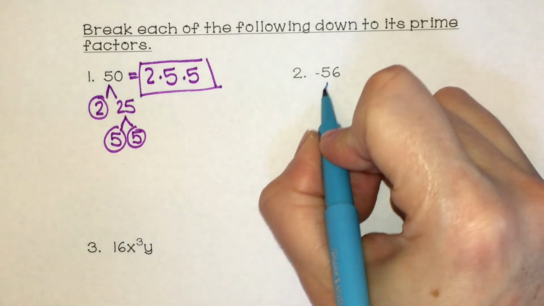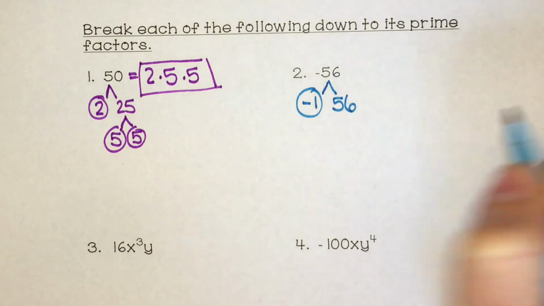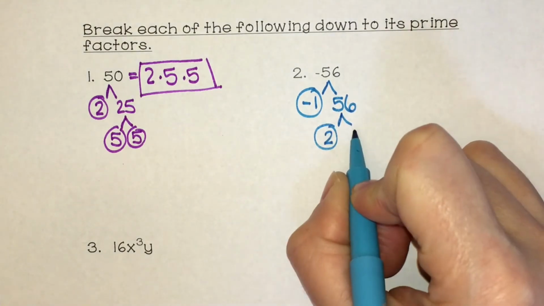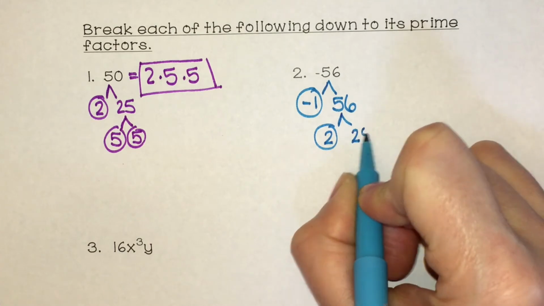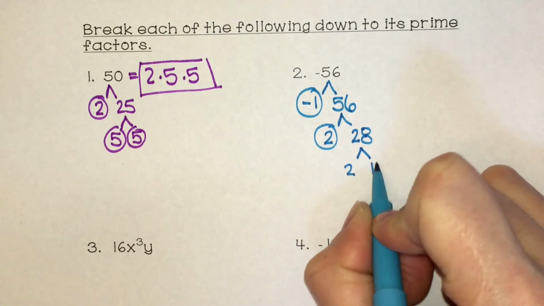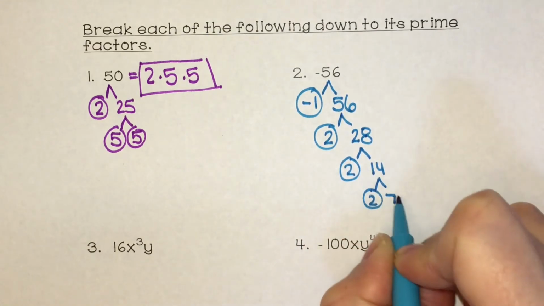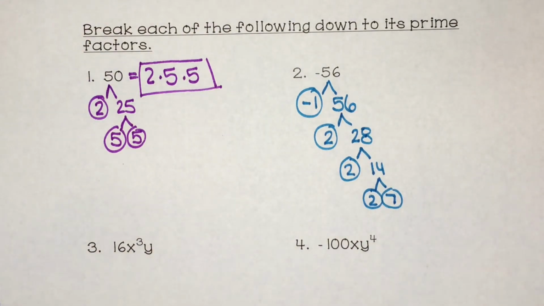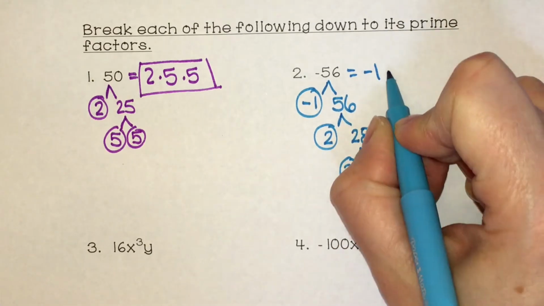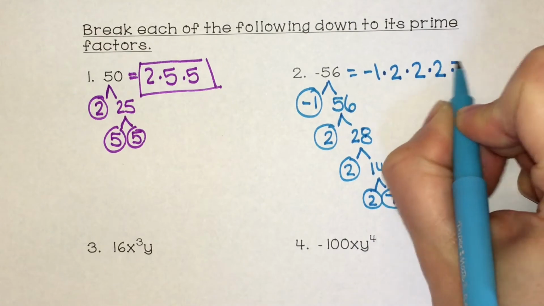Negative 56 breaks down to negative 1 times 56. 56 breaks down to 2 times 28. 28 breaks down to 2 times 14. 14 breaks down to 2 times 7. Okay, so then I'm just going to rewrite this as negative 1 times 2 times 2 times 2 times 7.